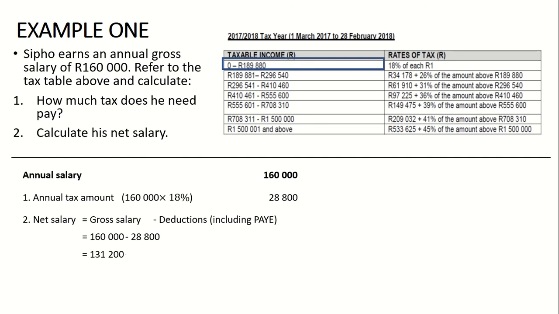It will give you a net salary of 131,200. This is how much Sipho will be earning per annum. To calculate how much Sipho will earn per month, you're going to take 131,200 and divide it by 12. It will give you 10,933. That's how much Sipho will be earning per month.